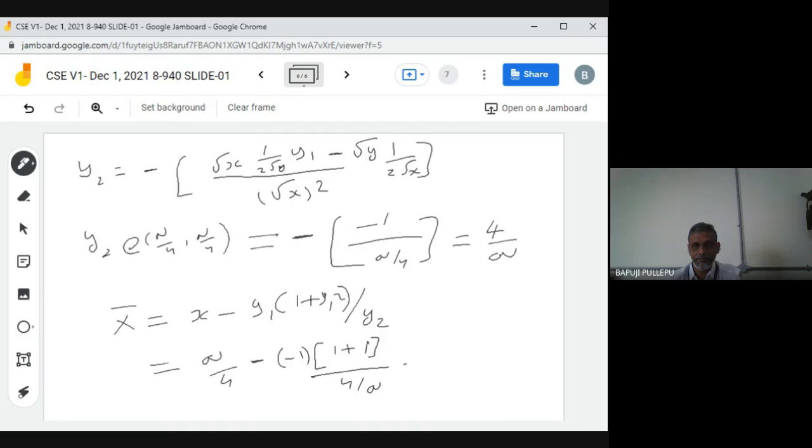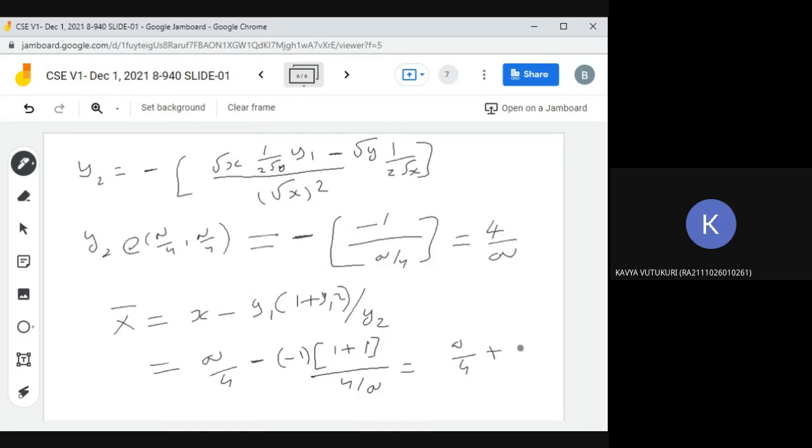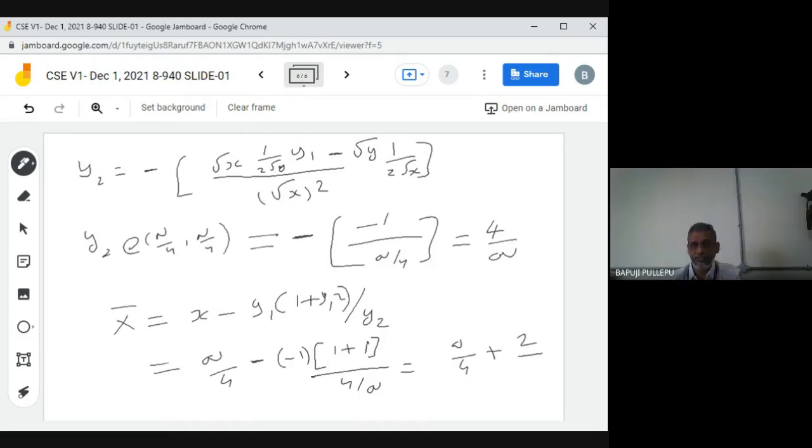Yes, sir. Simplified, a by 4 plus 3a by 4 divided by 4 by a. Correct? Yes, sir. If you make it reciprocal, what will you get actually? a by 2. Acha, acha. This is a by 4, a by 2.